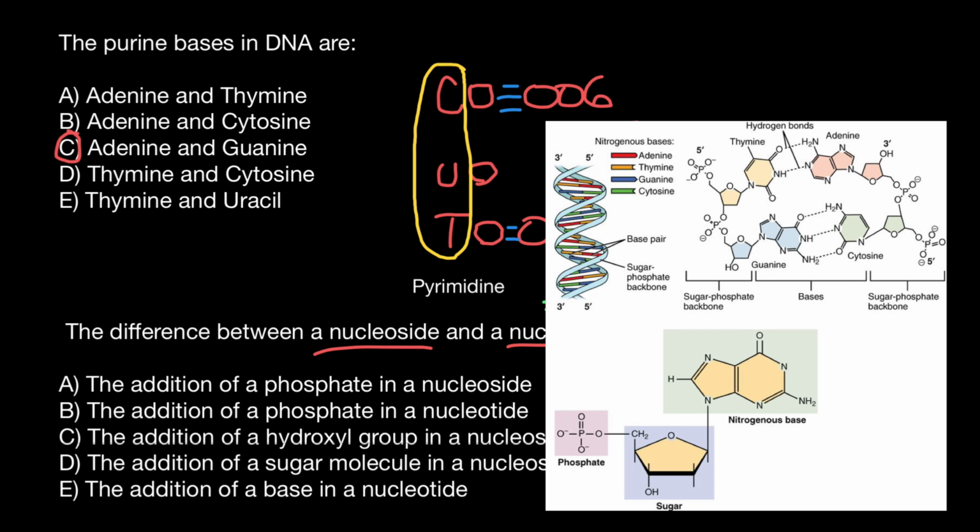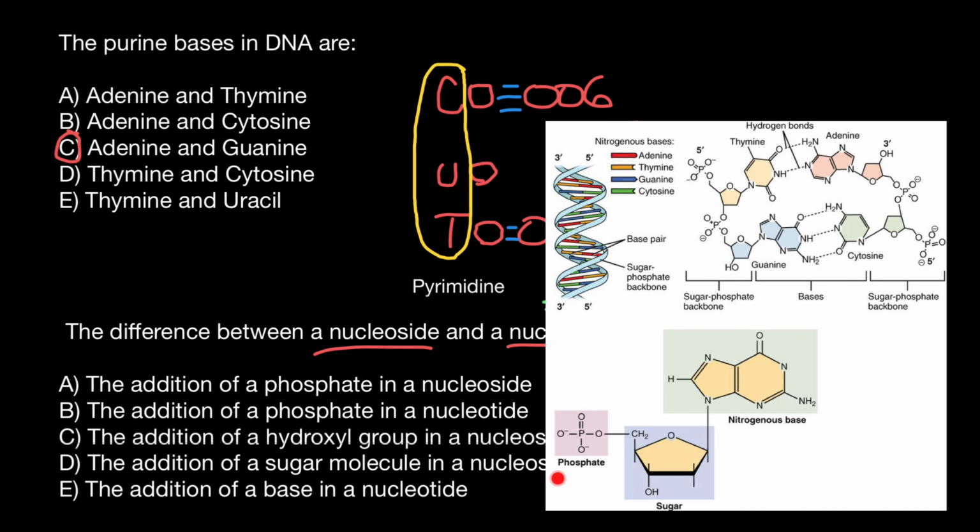Now you also know that those molecules with one ring we call pyrimidines, and with two rings we call purines. Triple hydrogen bonding between cytosine and guanine, and double hydrogen bonding between thymine and adenine. So pyrimidine and purine bases.